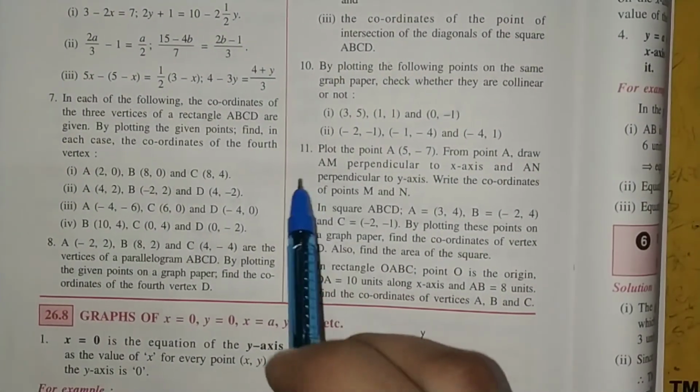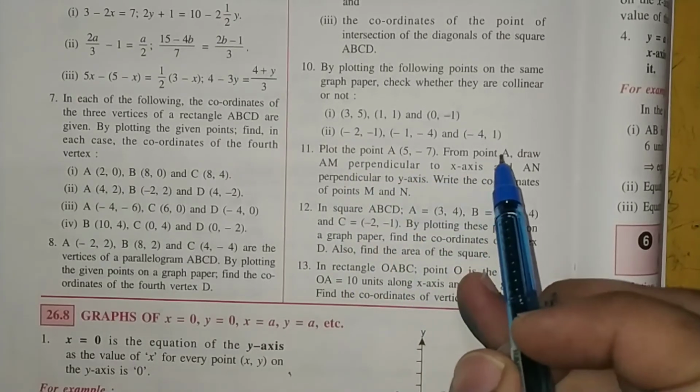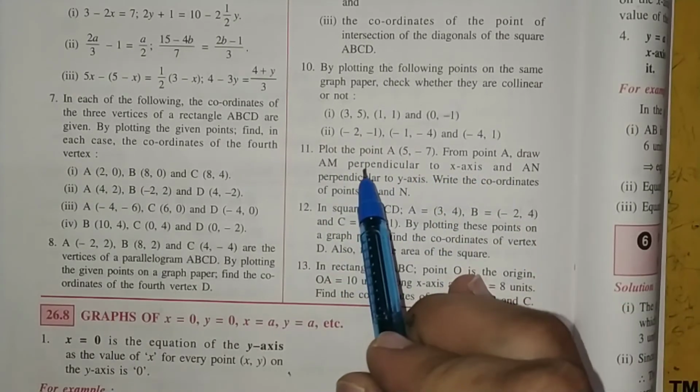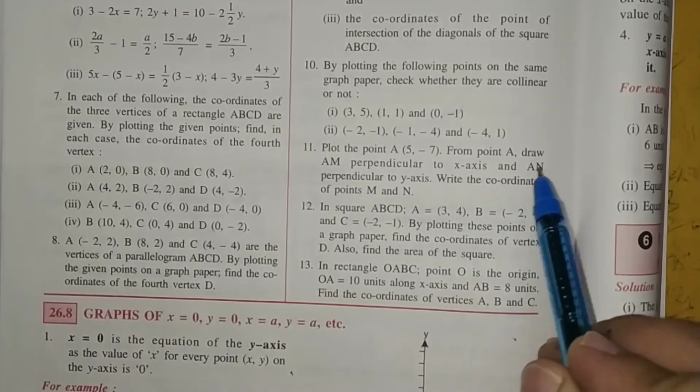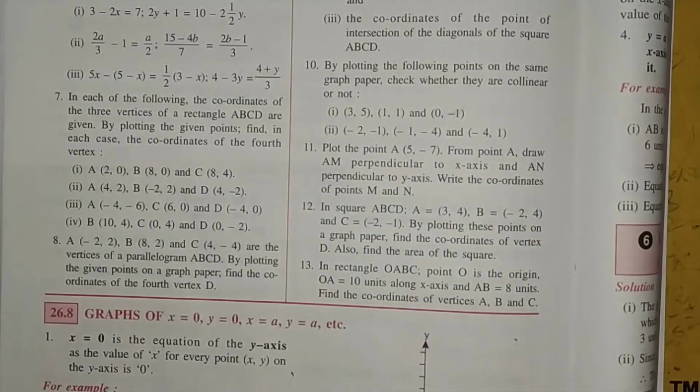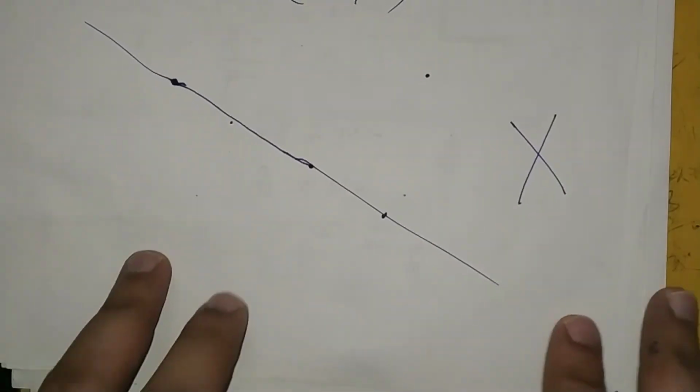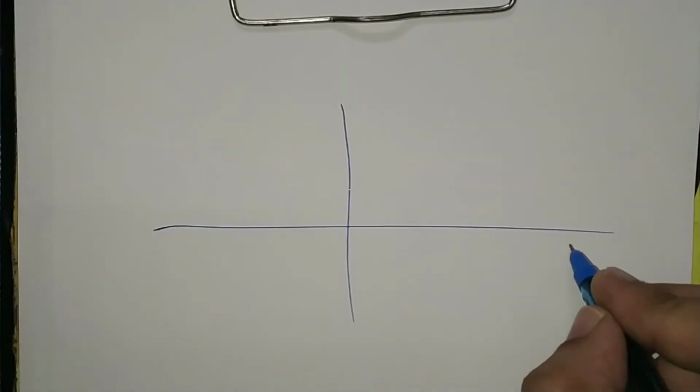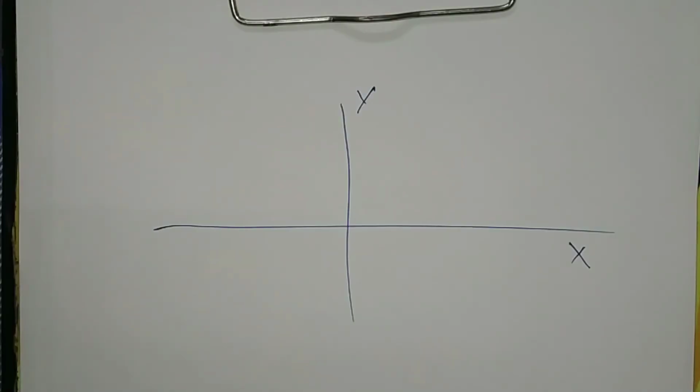Then next question, plot A. From A, draw perpendicular AM to the x-axis and AN to the y-axis. Find the coordinates of M and N. Okay, again an easy question. So first of all, this is your x-axis, this is your y-axis. Now a point is given, A (5, -7).